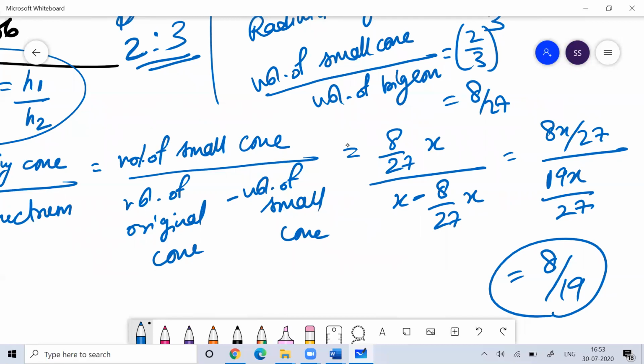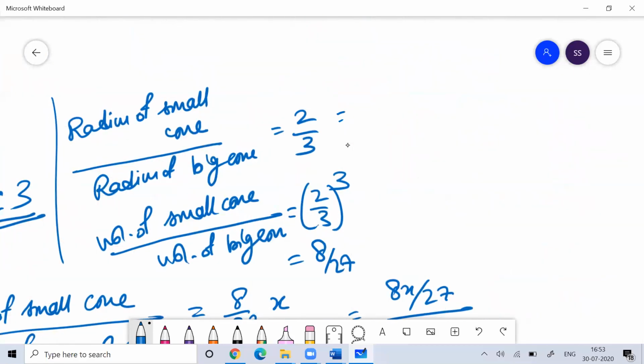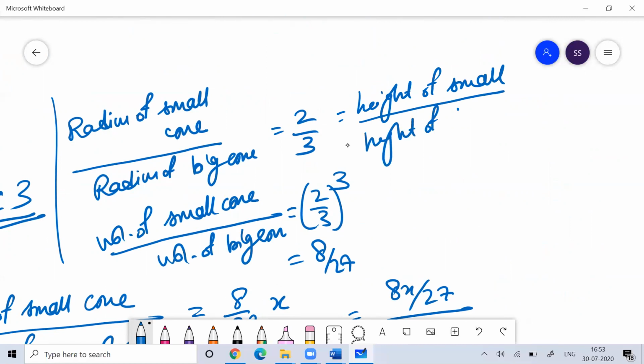If anyone has a doubt on this, you can prove it. The height of the small cone divided by the height of the big cone. You know the formula 1/3 pi r square h.